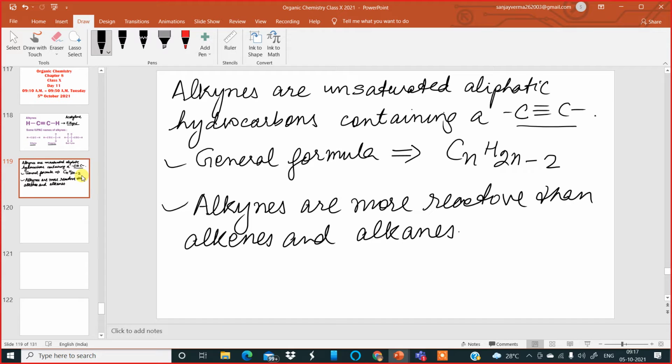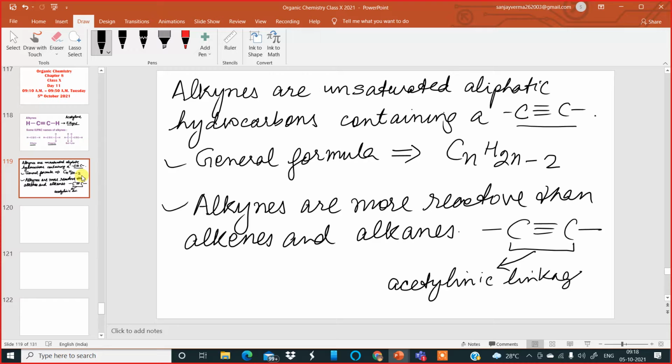This high reactivity is due to the presence of the carbon carbon triple bond, and this bond is called the acetylenic linkage. So just because there is a carbon carbon triple bond, alkynes are more reactive than alkenes and alkanes. This is what you have to remember.